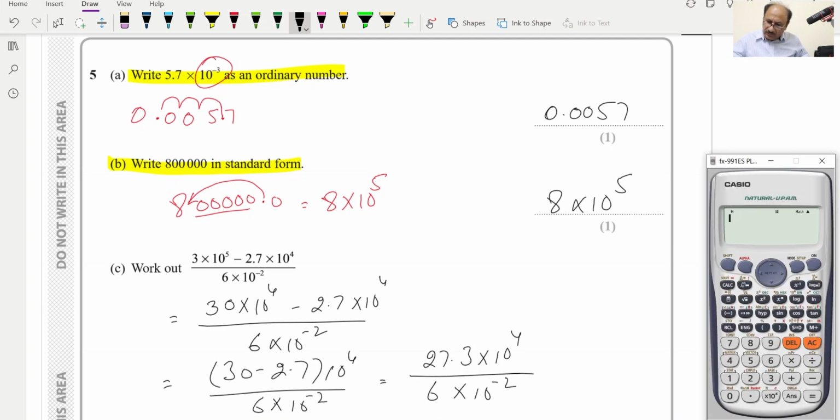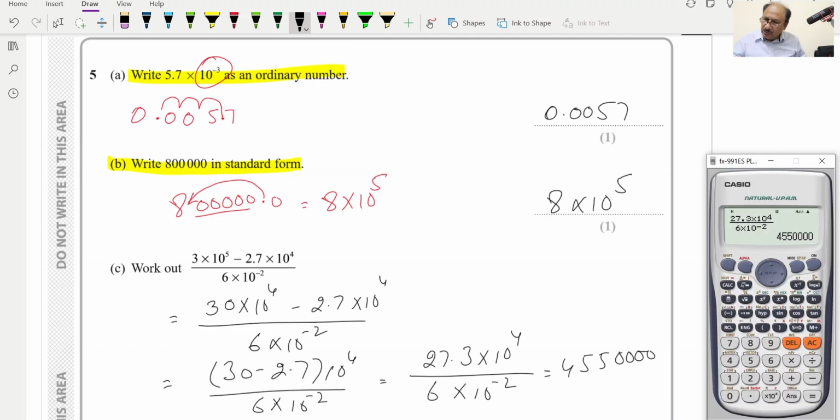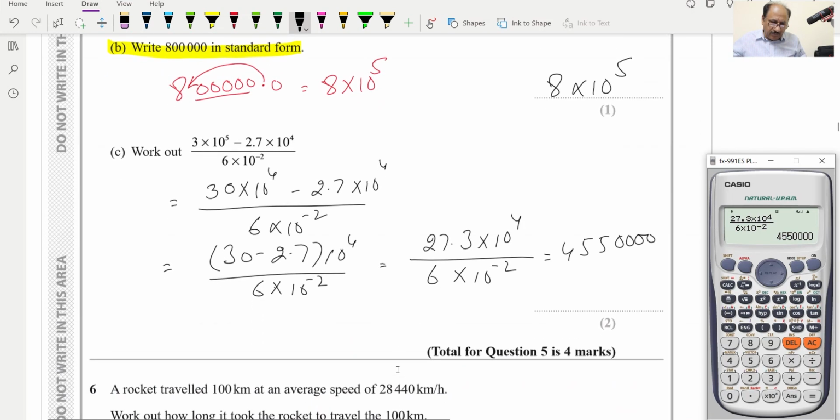So we can rewrite it as 27.3 into 10 raised to the power 4 over 6 multiplied by 10 raised to the power minus 2, which is equal to this one, 4 zeros. This is our answer, but we have to provide it in standard form, so better to provide it in standard form.